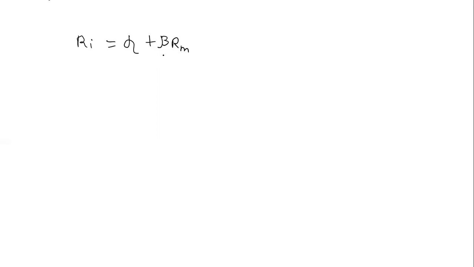Now we have the value of alpha, that is 0.05, plus the beta 0.75, and he is stating that market return will be 2. That is Rm, the market return.